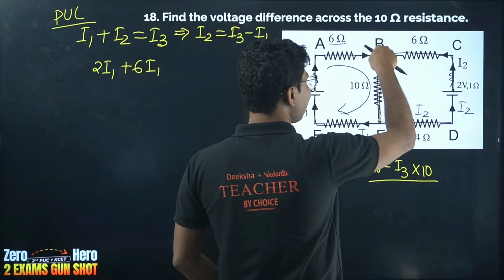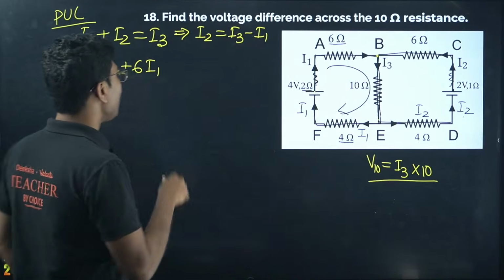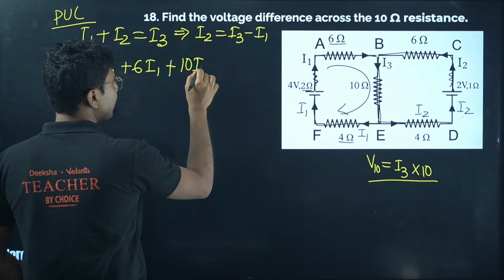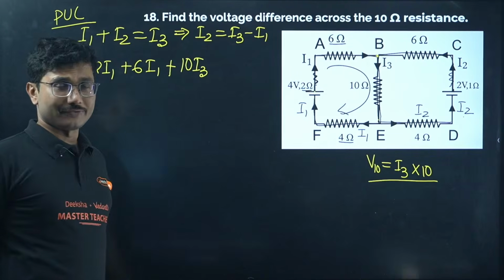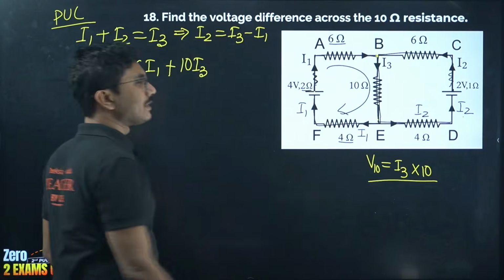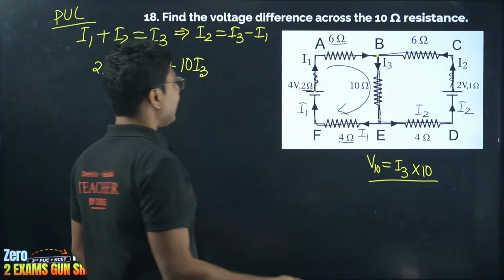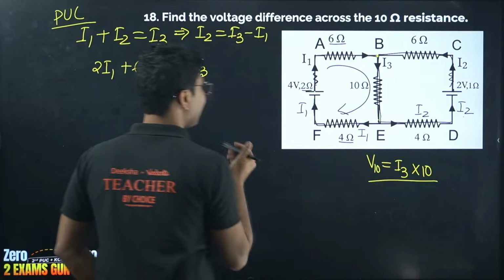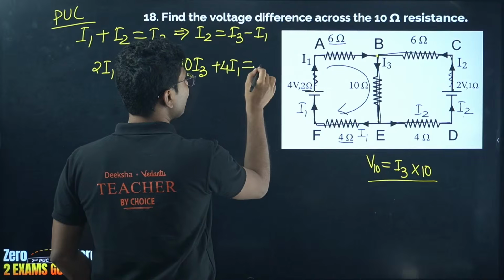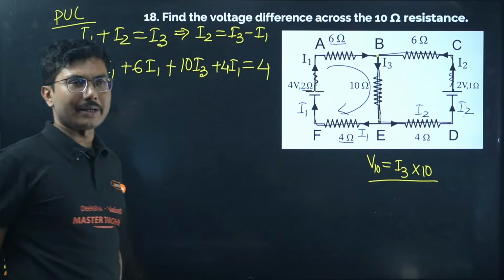Through this the current is I3, and the voltage drop is current into resistance, V equals IR. For individual resistances we have to consider them individually. Next is this 4 ohm. Through this the current is I1, so it is 4I1, and that should equal the voltage of the battery.